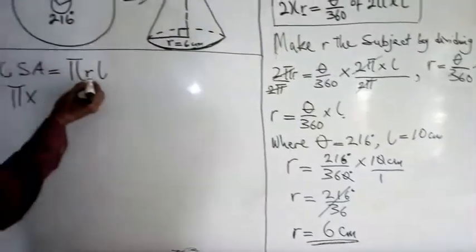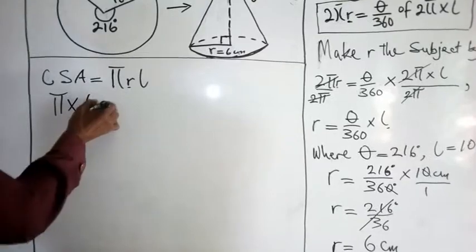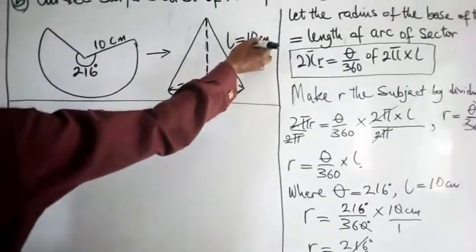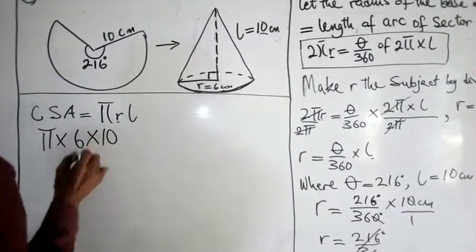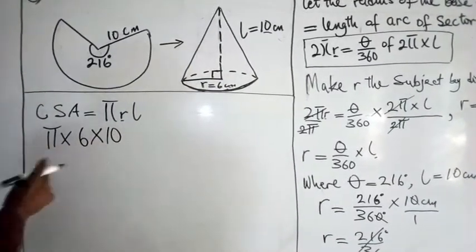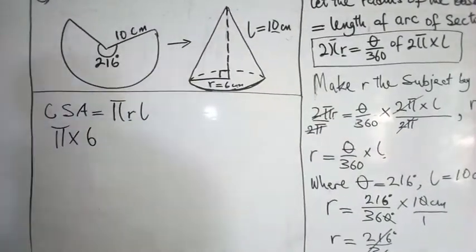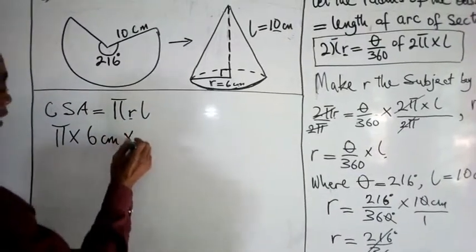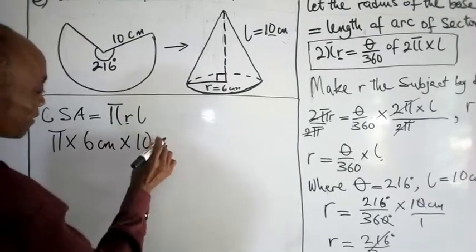So in this formula, you just put 6 here, times slant height, which was given to be 10. I used to forget to put the units, I think I should not. Let me take time so that you know that it's not 6 naira. 6 centimeters times 10 centimeters.